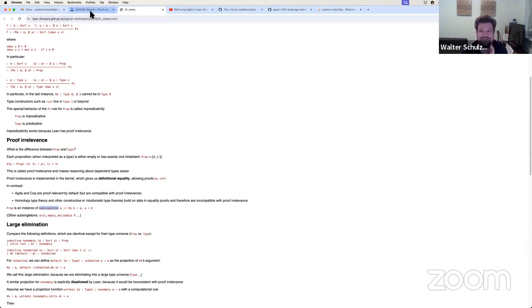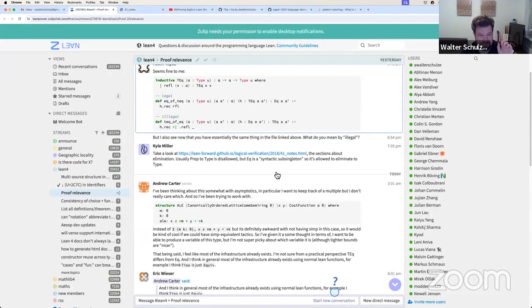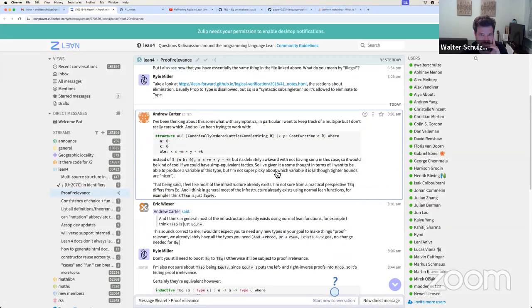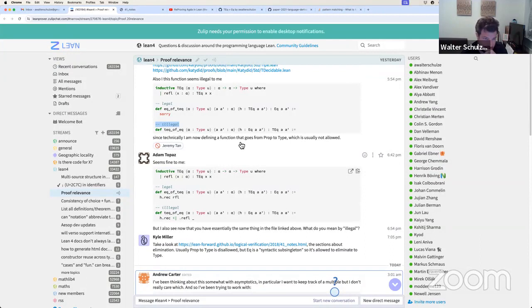Just to give you an overview. Apparently you are not allowed to go from Prop to Type, but EQ is a syntactic sub-singleton, so it is allowed to eliminate it to Type.